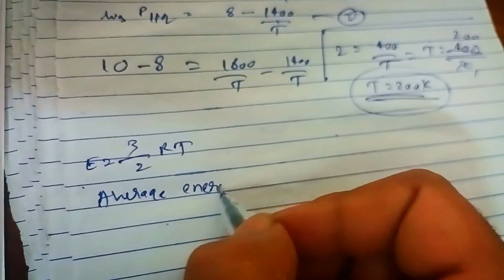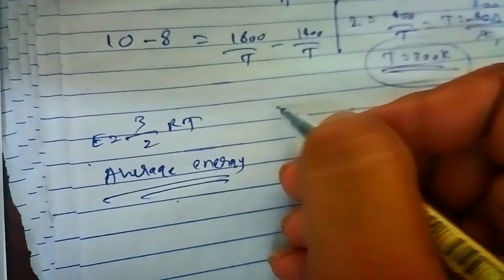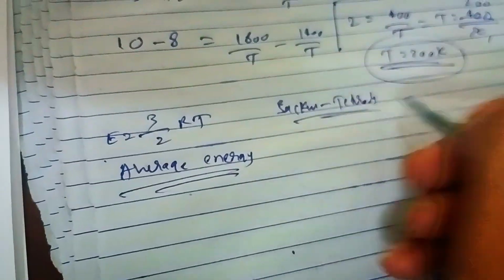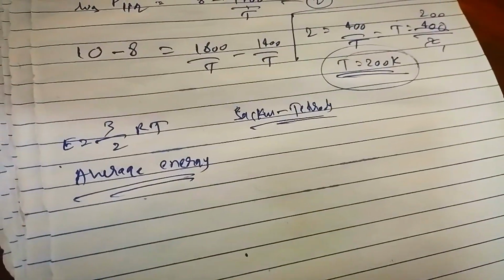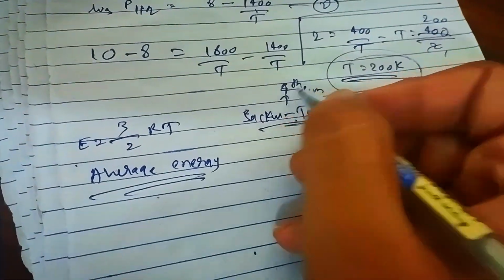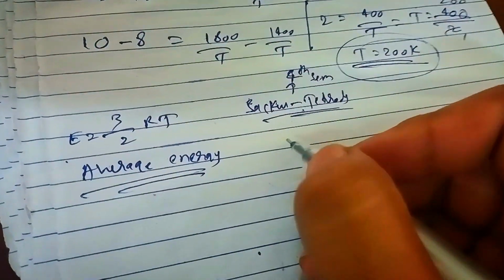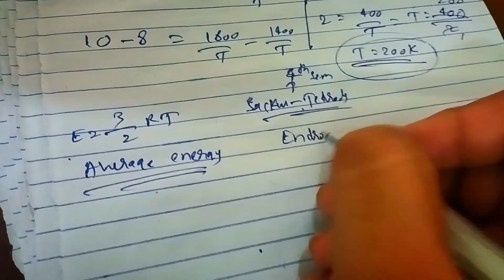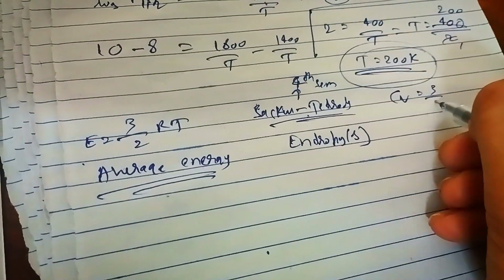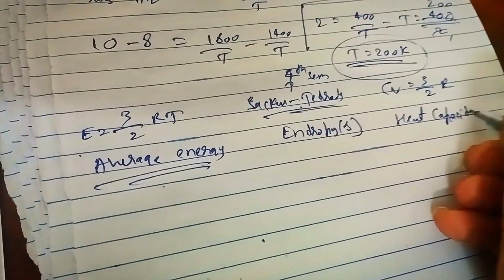For entropy, you already know the Sackur-Tetrode equation. It is in the 4th semester of MSc, which is for the partial derivative for entropy. And here Cv is equal to 3 by 2 R for heat capacity.